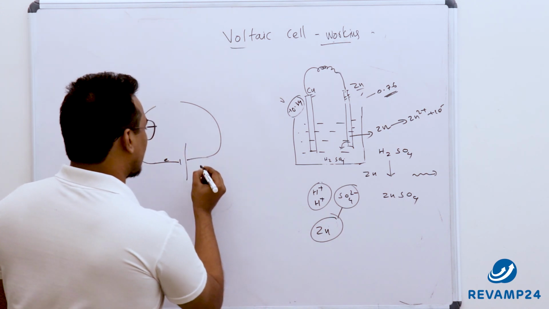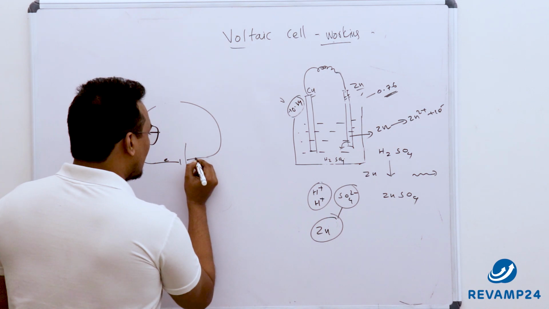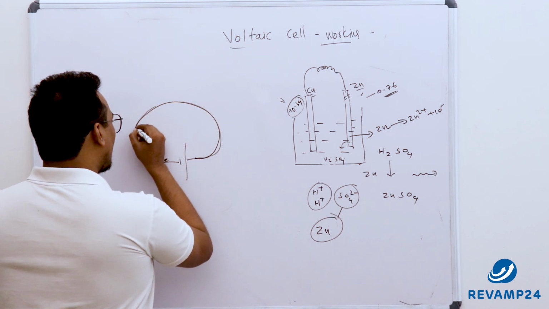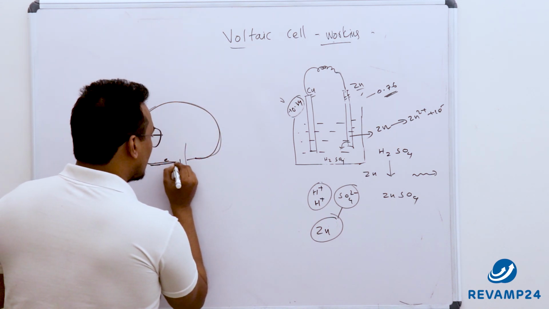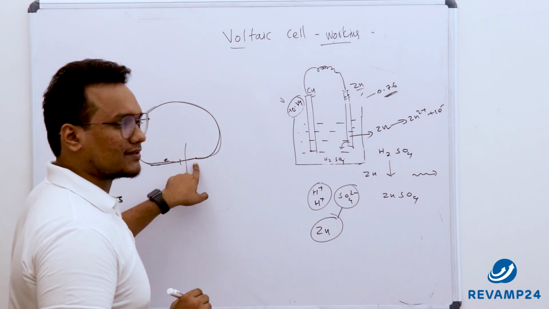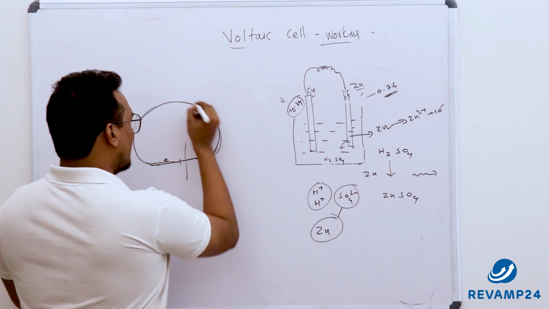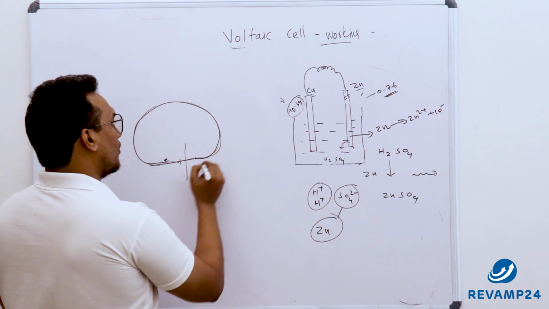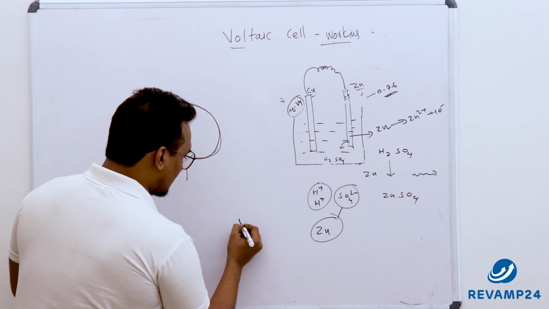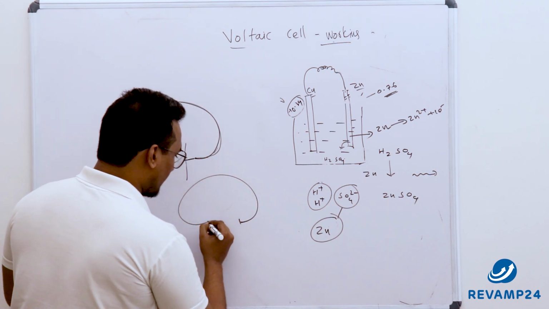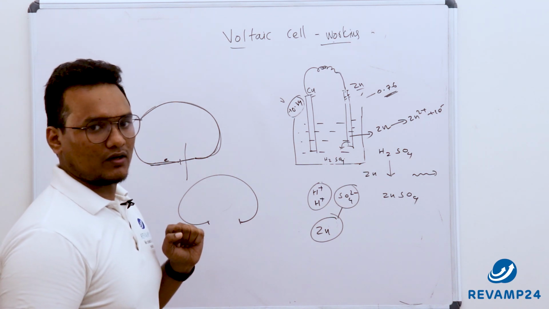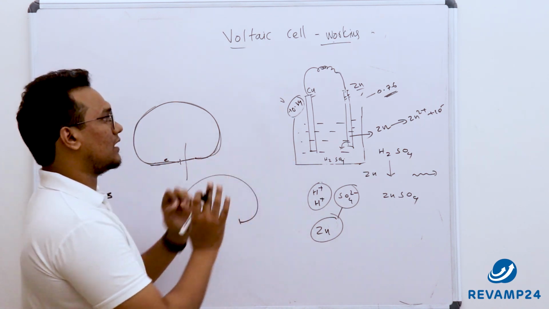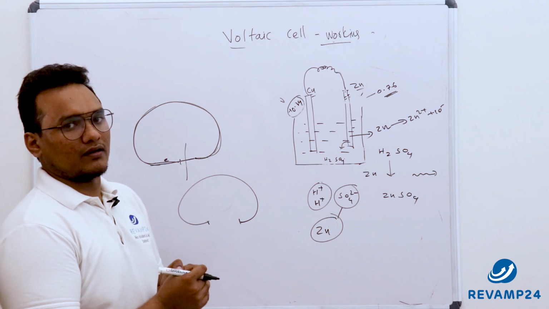We can say a circuit is closed when a charge from one point goes all the way through the path and reaches the other side or reaches the same point. Charges flow in this direction, and then only a current is made. If a charge goes from here till here, that is not a current. It's a temporary current. We can't get a sustainable current from here.